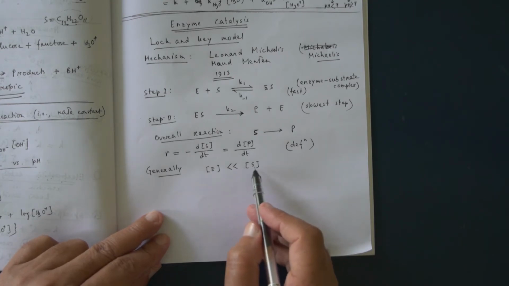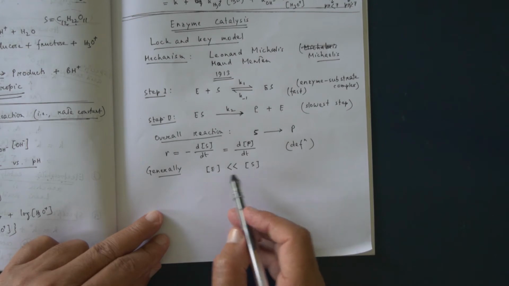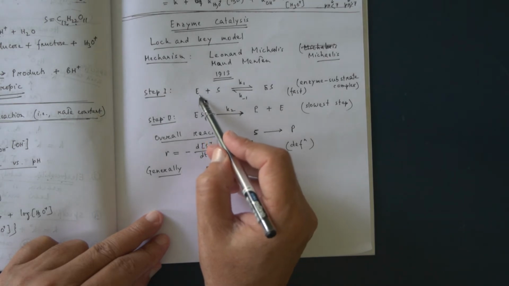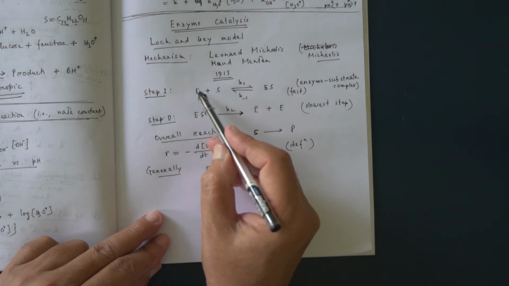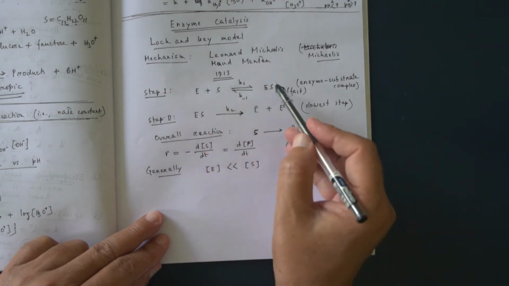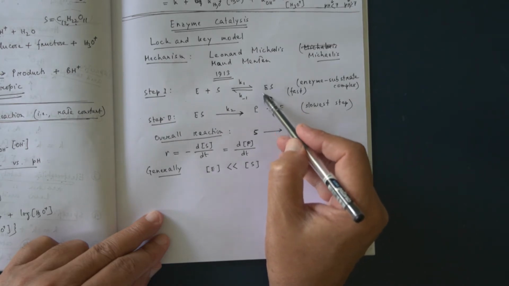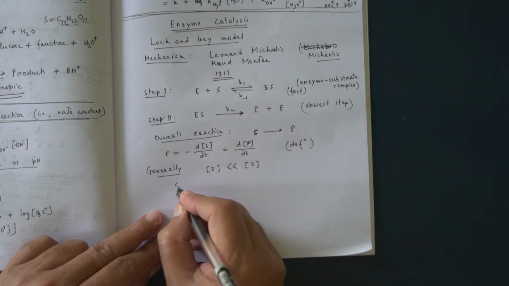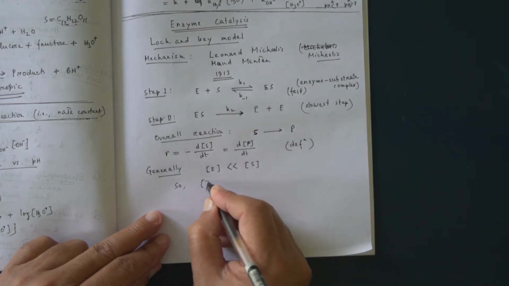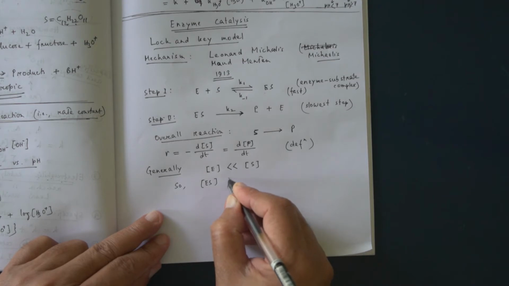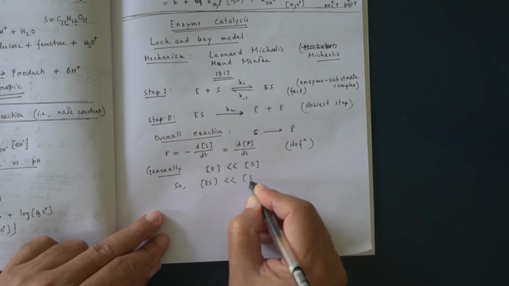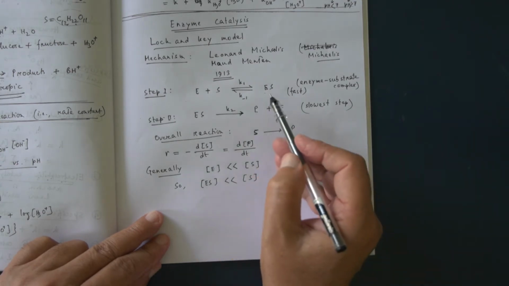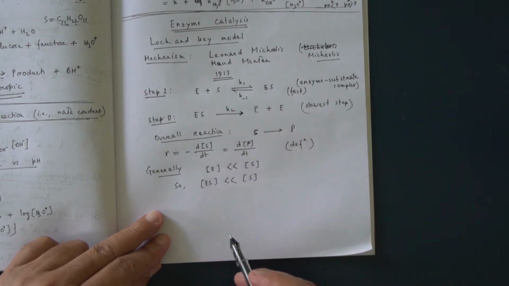Since the concentration of enzyme is less, the concentration of enzyme substrate complex will also be less.